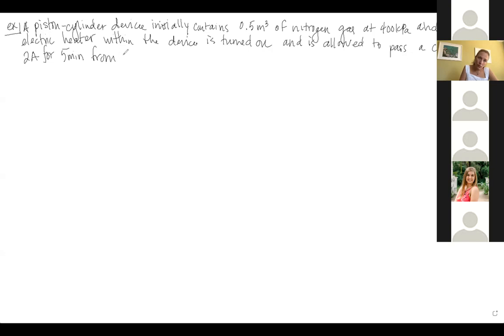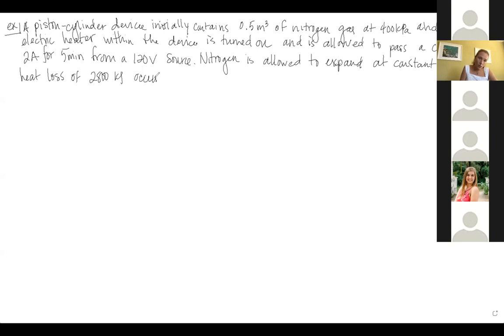Nitrogen is allowed to expand at constant pressure and a heat loss of 2,800 kilojoules occurs during the process. Determine the final temperature of the nitrogen.